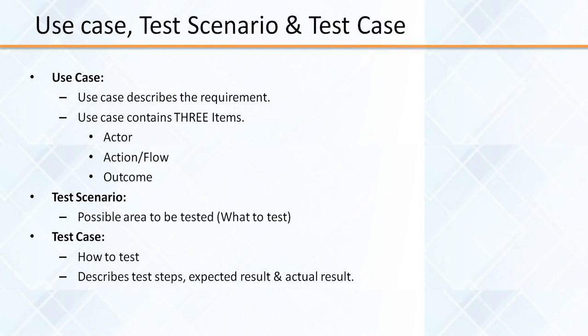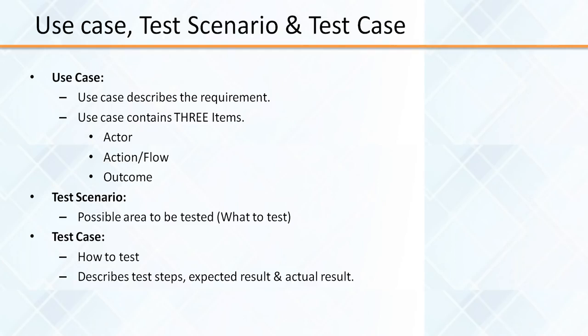That is simply called a use case. It describes the functionality more. It contains three things: actor, action, and the flow, and the outcome. I'll draw a small use case so you can understand.